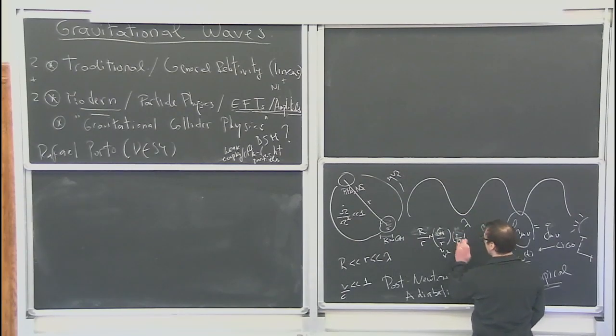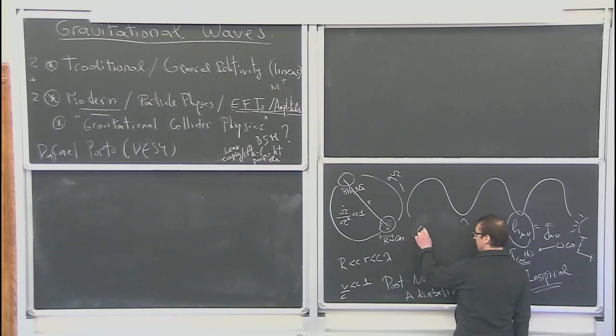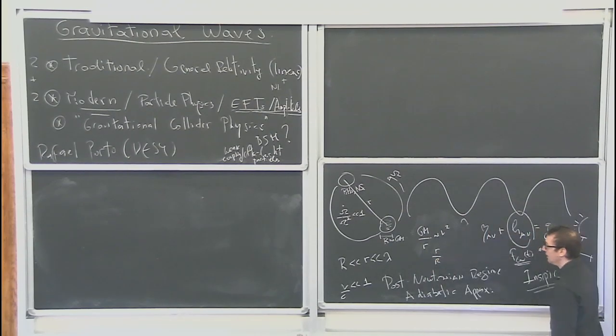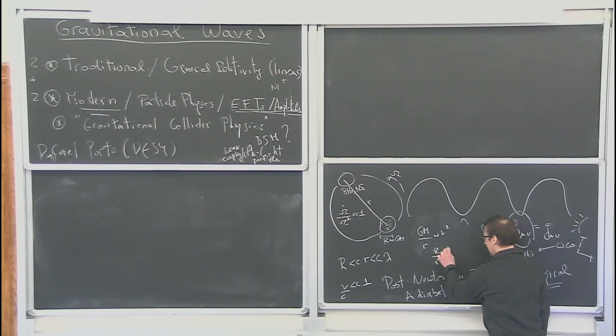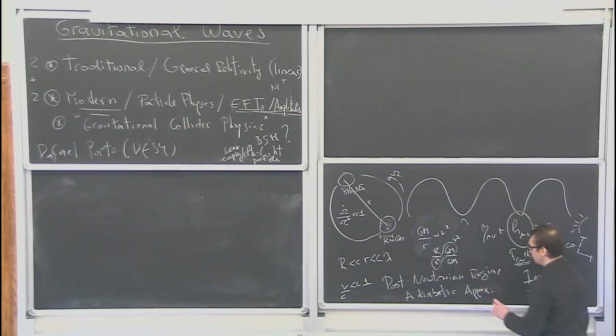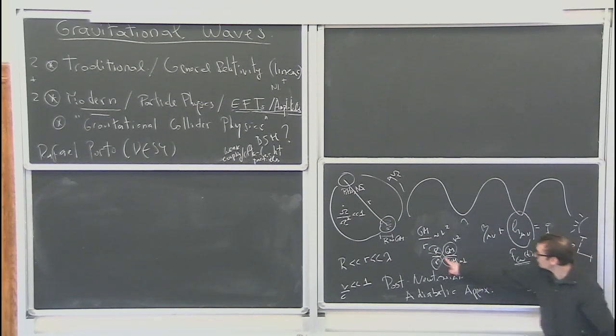What am I doing, sorry? Not r, sorry. You should tell me when I'm doing something wrong. So this is v squared, but the ratio that we're studying is R over r. So I'm going to put the GM and the GM. This is v squared. Don't be afraid to tell me you screw up. And this is the one that I want to say is order 1. So this parameter is the one.